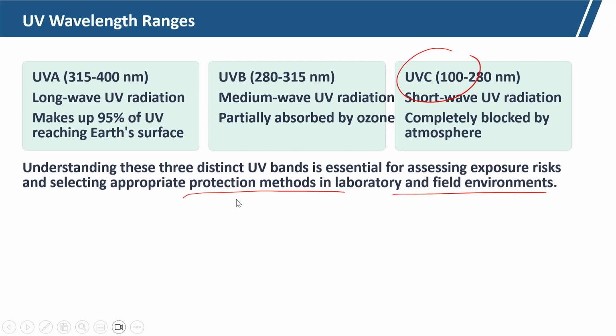As we have seen, UVA and UVB are reaching the earth, so we must be more concerned about UVA and UVB than UVC. UVC is basically absorbed above the ozone layer, and it is very harmful.